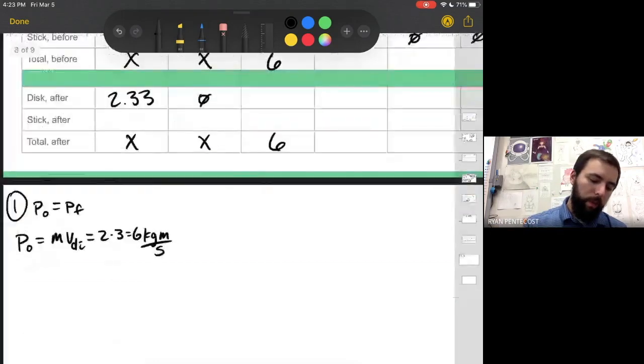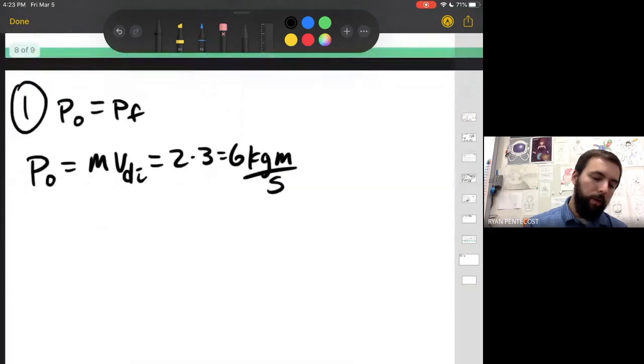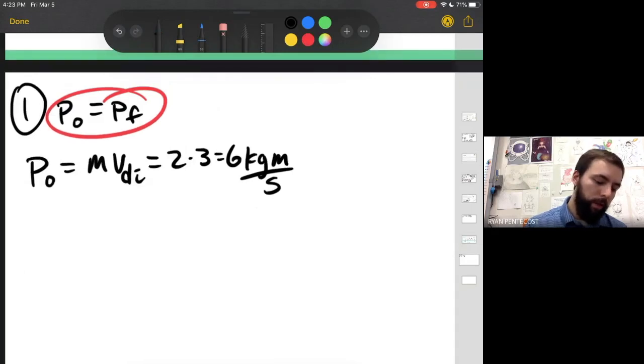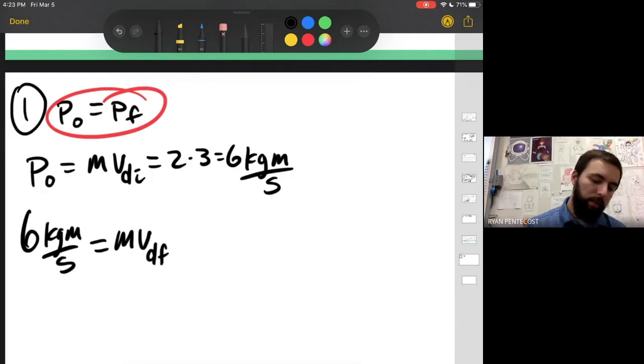Now, that's our initial momentum. Now we want our final momentum. So if we take that guy and manipulate it, we know that it's got to equal 6 kilogram meters per second. And our final momentum, like we wrote before, is m VDF plus big M VS, the mass of the stick times the velocity of the stick.